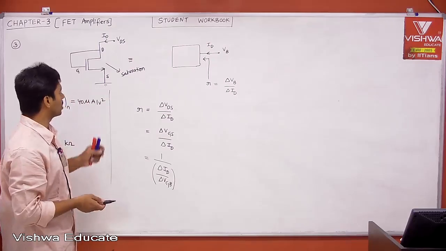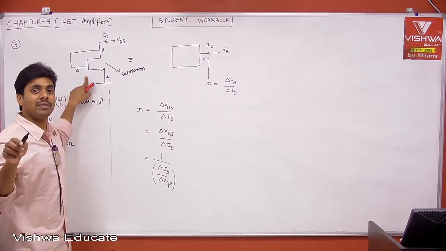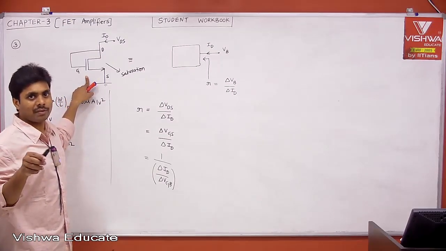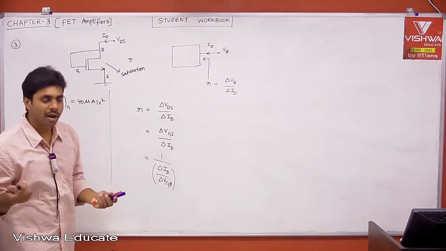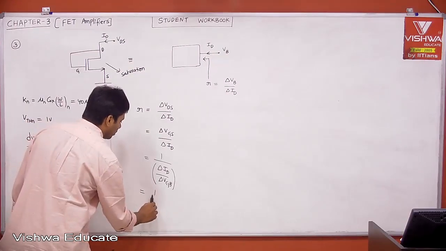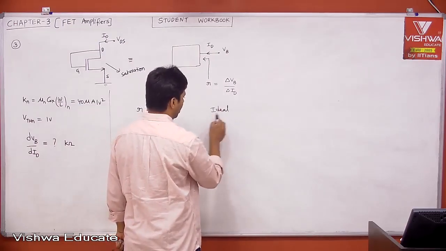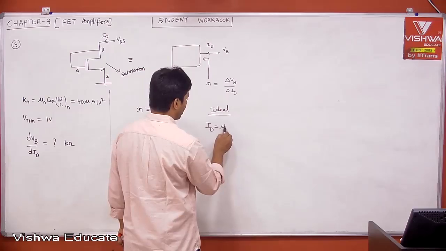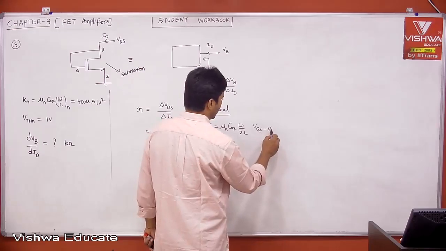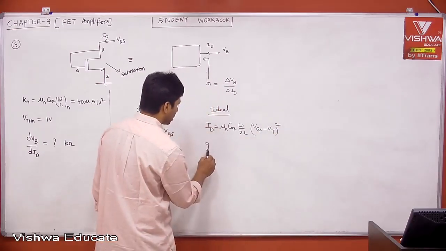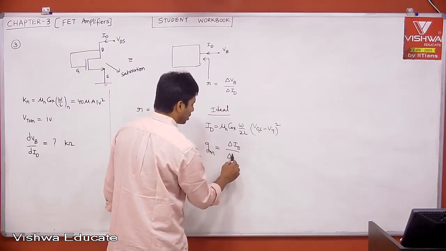But remember, take the ideal equation where ID is equal to mu n C ox W by 2L into VGS minus VT whole square, with no 1 plus lambda VDS term. Then ID is only a function of VGS, independent of VDS, so whether you take VDS constant or not doesn't matter. Therefore, for the ideal model, this is nothing but 1 by GM. The GM definition is change in ID, or dou ID, with respect to change in VGS.